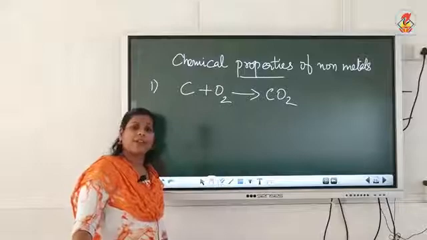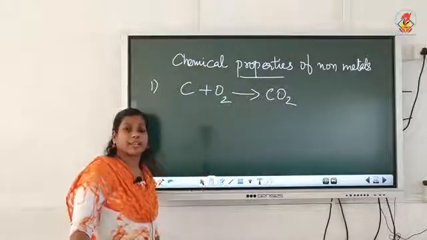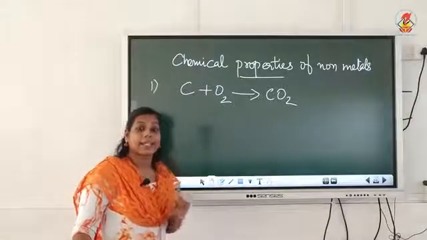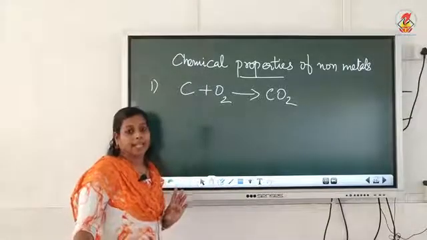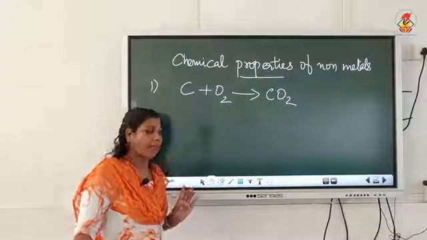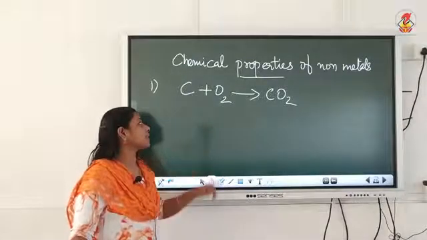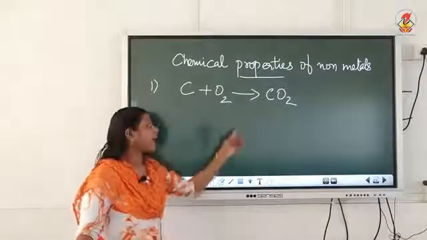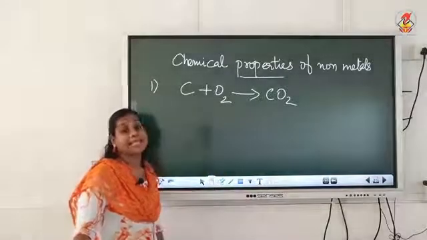And what is the nature of metal oxides produced when a metal is reacting with oxygen? Yes, as you said, metal oxides are basic in nature, isn't it? In the same way, non-metals react with oxygen to produce non-metal oxides, and these non-metal oxides are acidic in nature.